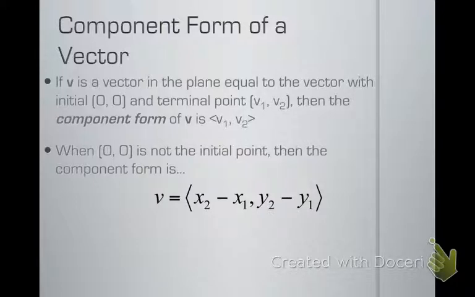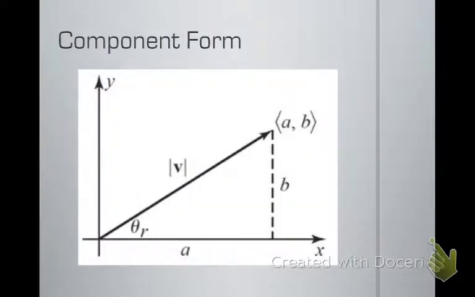If it's not at point 0, 0, then we have to do a little bit of calculation before we know its components. So this really comes back to right triangles and stuff that we've done a lot of. This one, instead of saying V1 and V2, said A and B, but it was a really good diagram, so I didn't want to lose it.